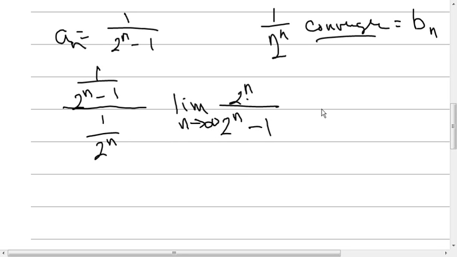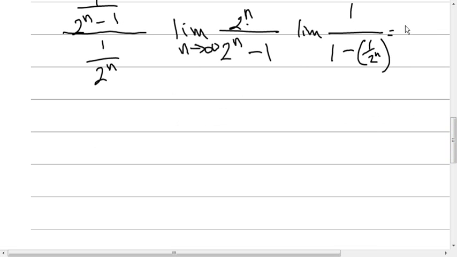We can do a quick division, and we get something like 1 over (1 minus 1 over 2 to the nth), and we see that as n gets very large, this goes to 0, so the limit c is equal to 1. And then once again we can apply part 1 of the limit comparison test and say, because we know that b converges, therefore a converges as well.